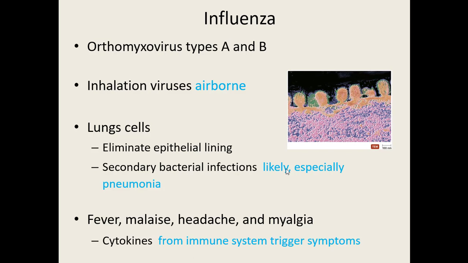So when this destroys the epithelial lining, the chance of you getting a secondary bacterial or secondary viral infection is extremely likely. So a lot of times people don't die of the flu, they die of some secondary infection they picked up because the flu destroyed their lung, first line of defense.